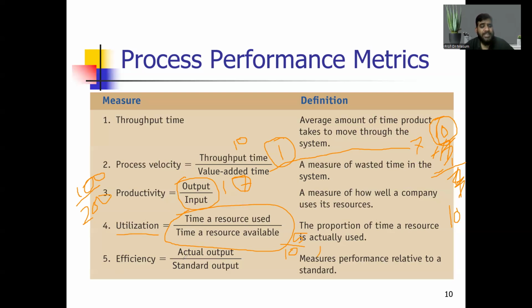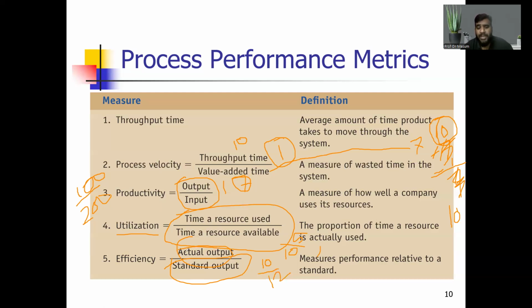And efficiency means actual output divided by standard output. This is your efficiency. Say for an example, actually a worker is producing 10 units, but the average output from the other workers, that means the standard output, is 12. So what is the efficiency of that particular employee? 10 divided by 12.